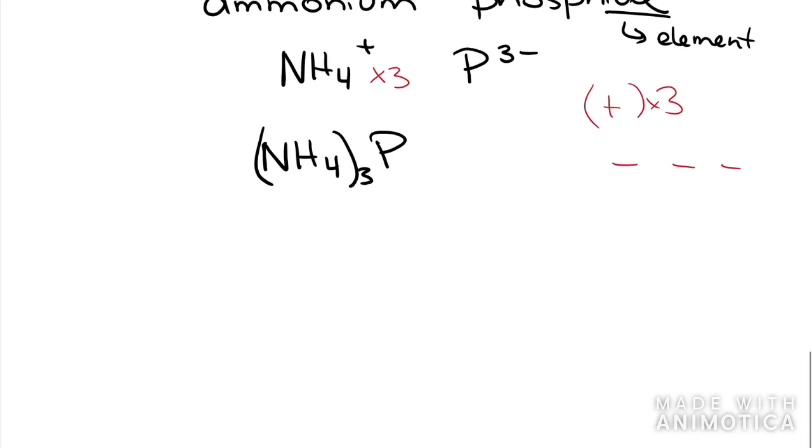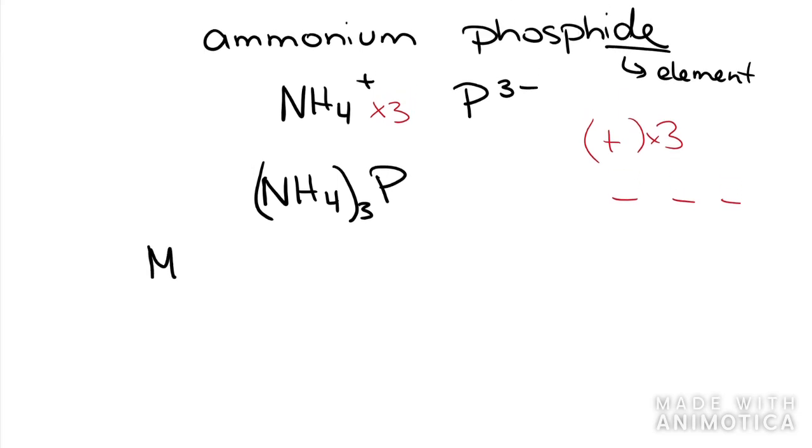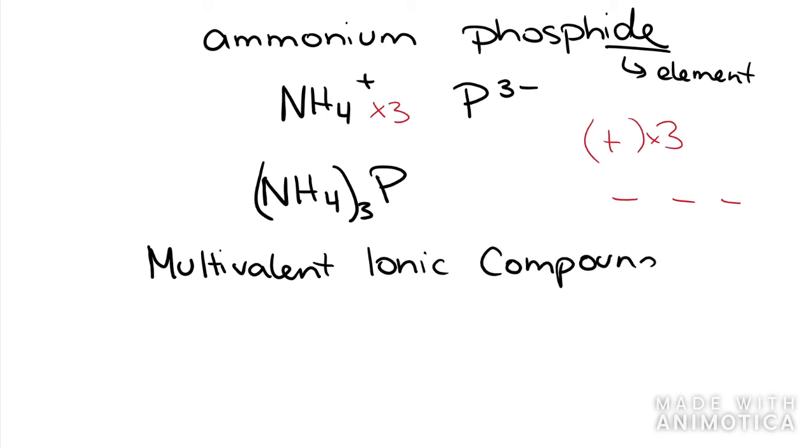Now we only have one more ionic type that we looked at in grade 9, and that's going to be our multivalent. So multivalent means multiple different valence shells.